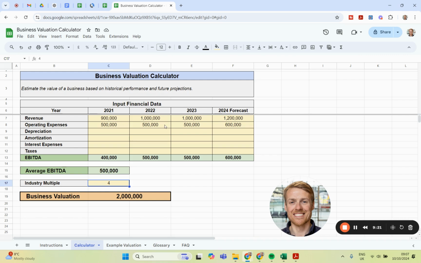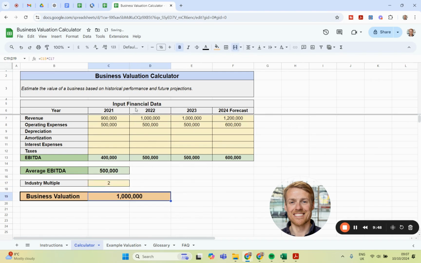Once we've filled out this data and put in the multiple, then we have our valuation. It's as simple as that. Now, when I'm valuing a business, I'm always mindful that the value I'm putting on the business is not set in stone. What I'm looking for is a range. So keeping all of these numbers the same, I might say, what would be the value of this business at a 2 times multiple?